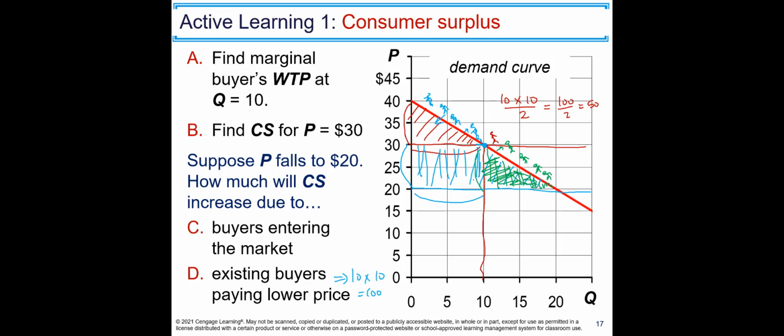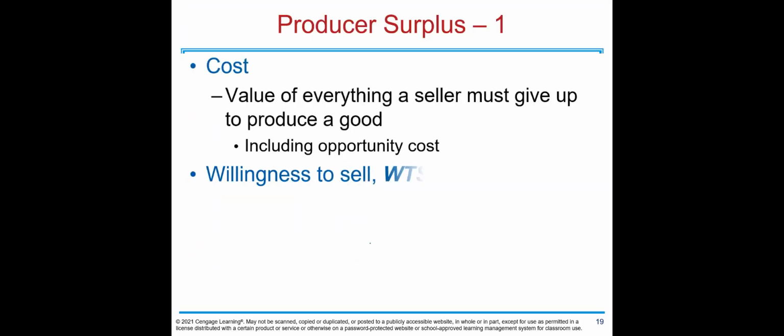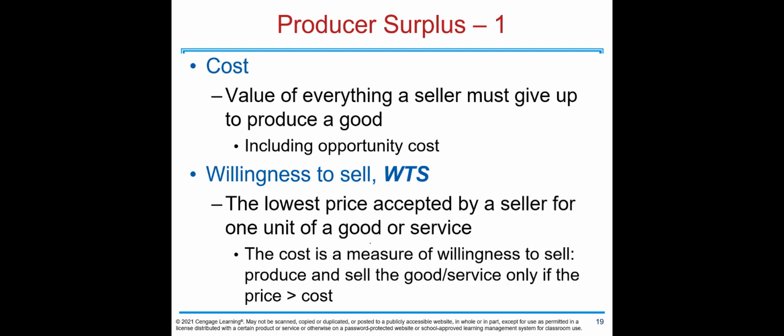This is the height, which is 10, and this is the base, which is 10 too. So 10 times 10 over 2, which is 50. So new consumer surplus increased by $150, and $50 comes from buyers entering the market, and $100 comes from existing buyers paying lower price.